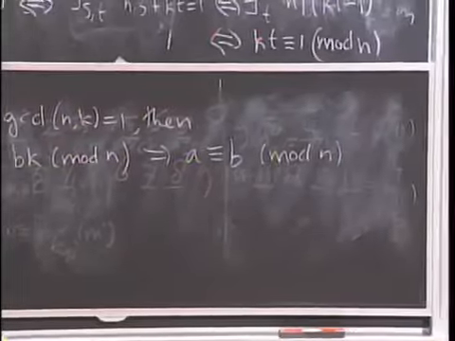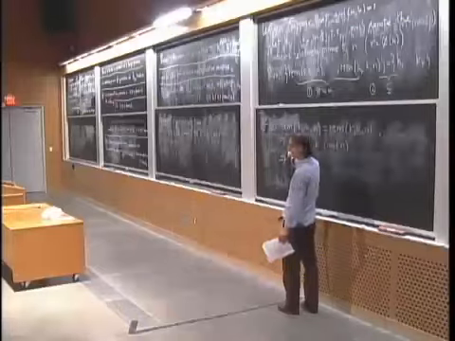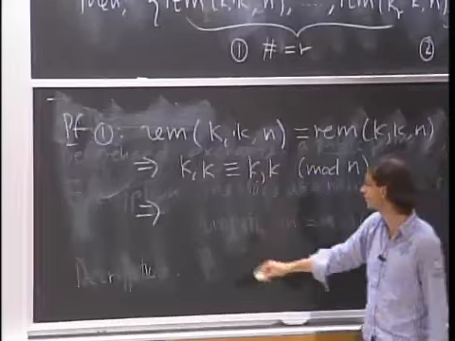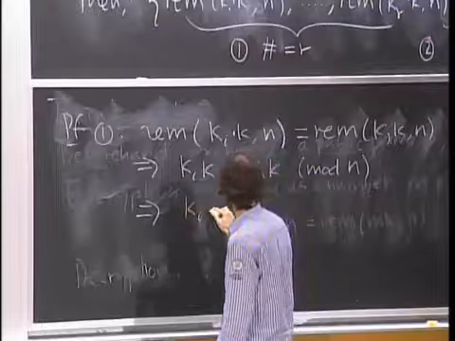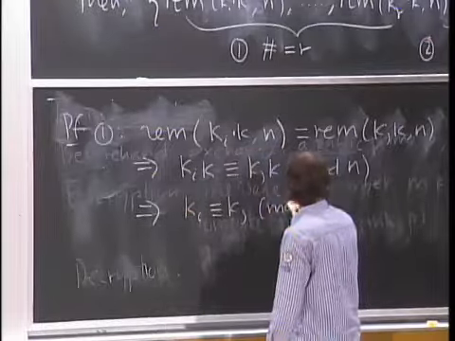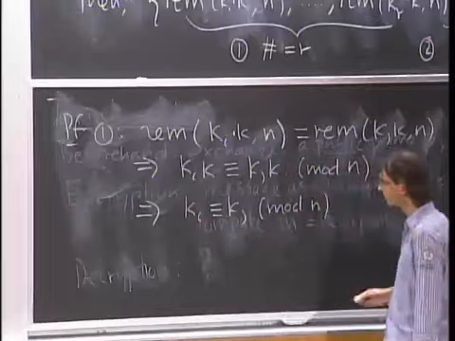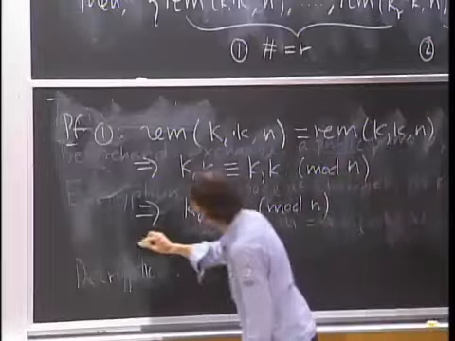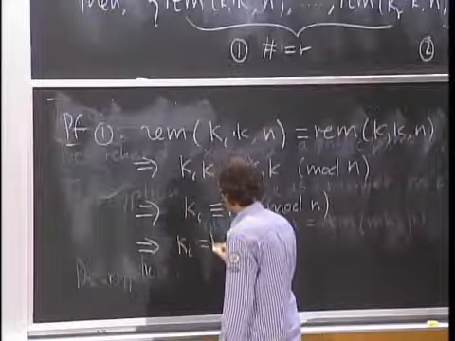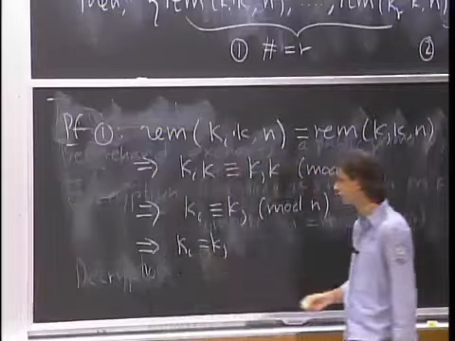So let's apply it over here and take for a ki, and for b we can take kj. So now we see that ki is congruent to kj modulo n. And from this we will conclude, and that takes an extra step, that ki is actually equal to kj.